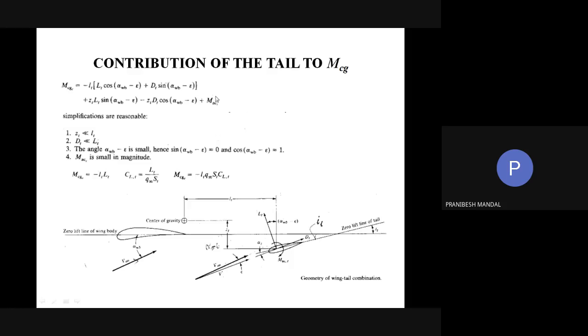MACT will be there, and the vertical component of the forces, LT cos and DT sin of the angle, is at a distance of small lt from the center of gravity. And the other two are at a vertical distance of zt. So see the equation. Anybody having any problem, tell me.